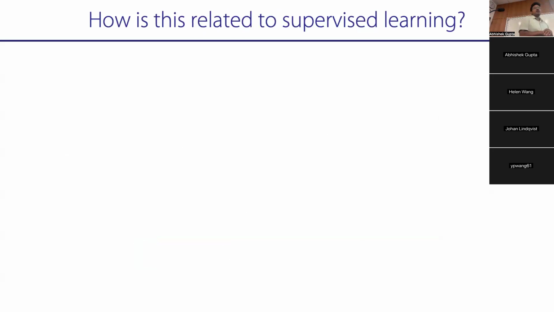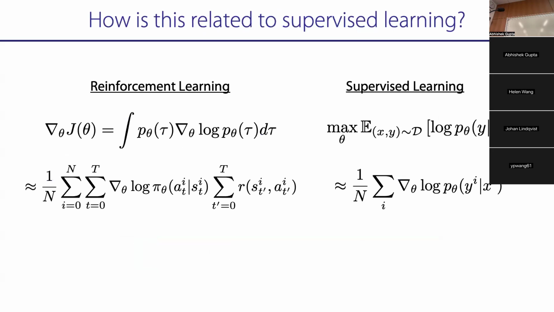So let's try to instantiate this even more concretely. How is this connected to supervised learning, right? Supervised learning looks like this. Let's say you had some sort of classification problem, right? So you have X and Y coming from your data set. X is your input, Y is your label, right? And you try to maximize the likelihood of the label given the input. That's what supervised learning tries to do.